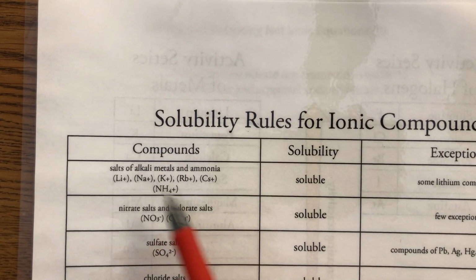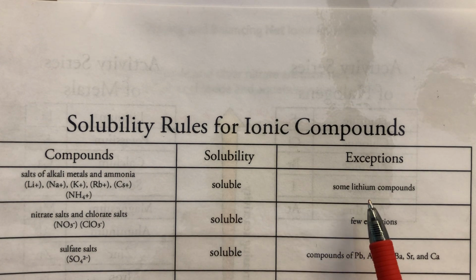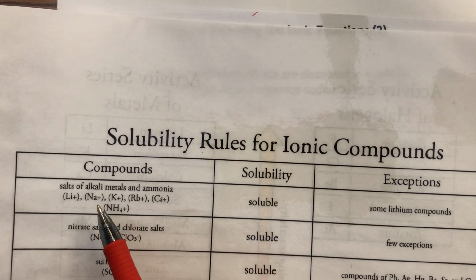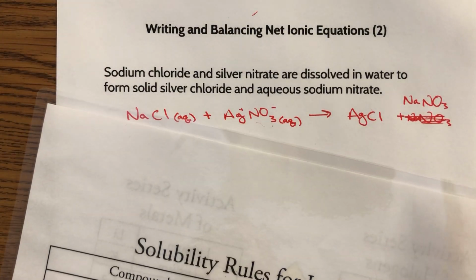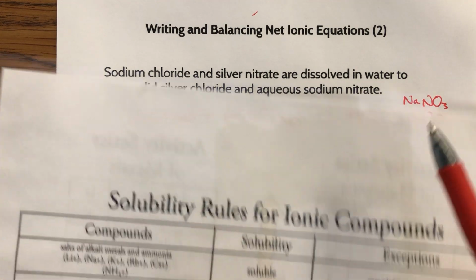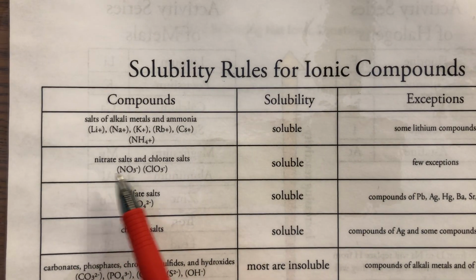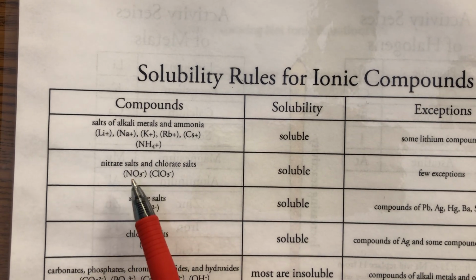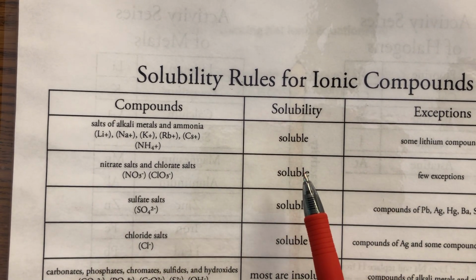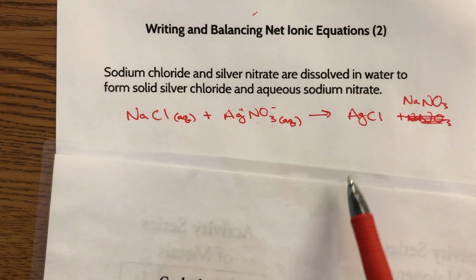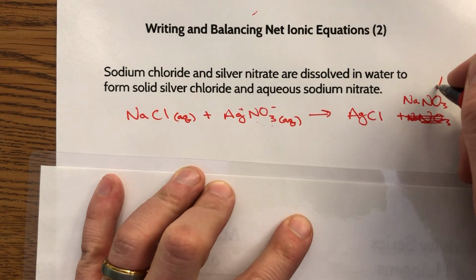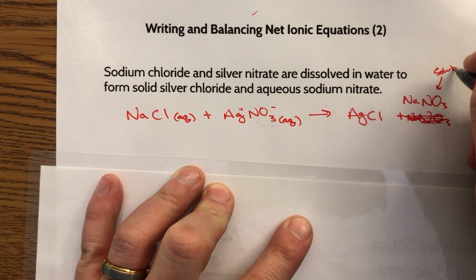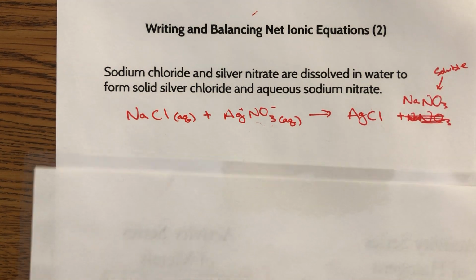Sodium is soluble except for some lithium compounds. So sodium is most likely going to stay in solution and be aqueous. And for nitrate, NO3, nitrate salts are most likely going to be soluble. It's going to stay in solution.